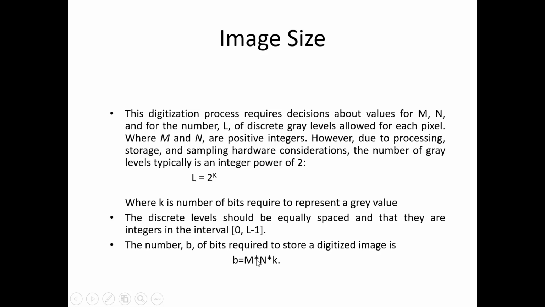So m equal to n means the number of rows is equal to the number of columns. We can take this assumption when only one value is given. You should always remember this point.